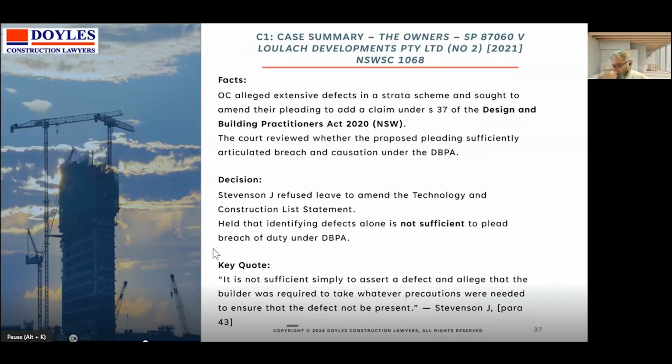This was an interesting case, Lulac, and there the parties were debating how to prove that a breach of the duty of care had occurred. The plaintiffs in that case said, well, you owed us a duty of care under the Act, and the defects are obvious after, say, 2 years.